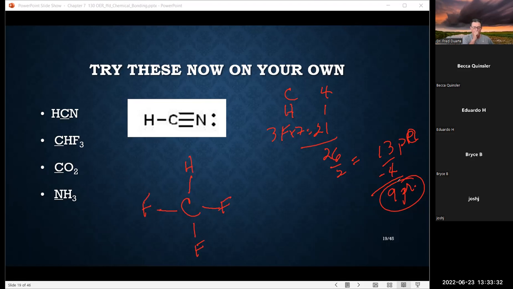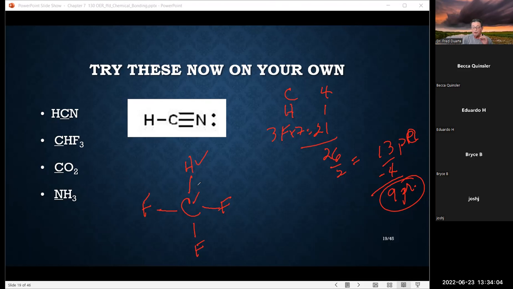Now the question is this: where do I put that 9 pair? Well, let's look at the structure we just drew. Hydrogen, we're good with hydrogen. Okay, the rule is 1 pair, 1 bond. That's it. Can't add any more. Look at carbon. Carbon has 4 bonds around it, which is a total of 8. So carbon is fine. I cannot add any more.